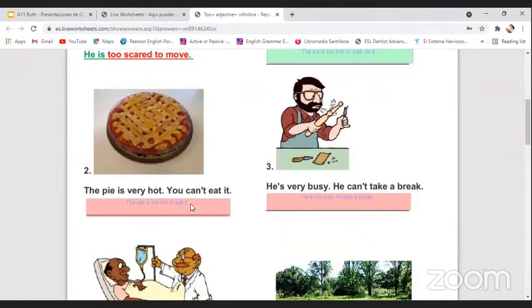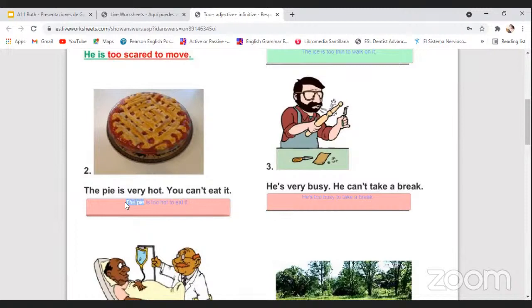So the pie is too hot to eat it. I think for me it's correct that way, saying it at the end. That means that you are putting emphasis on the subject by mentioning it again. Nevertheless, the other correct option is to just say the pie is too hot to eat, because you are already mentioning the subject, here, the pie.